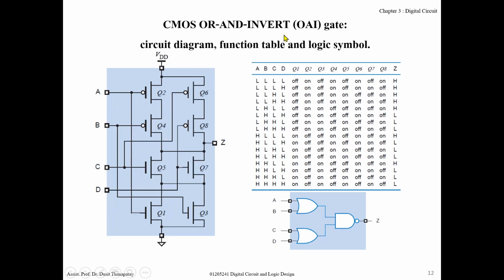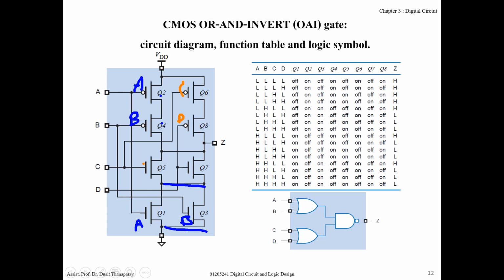Similarly, for this one, at the upper part of the circuit, the transistors controlled by A and B connect in series.